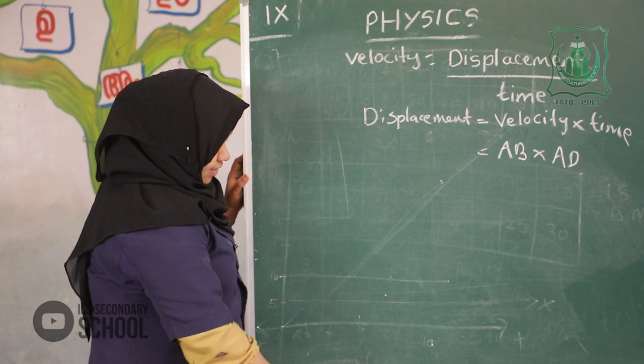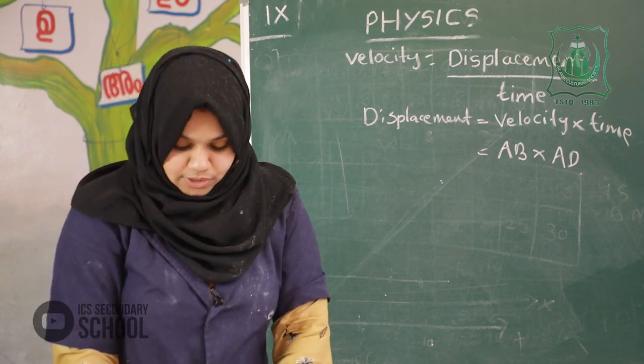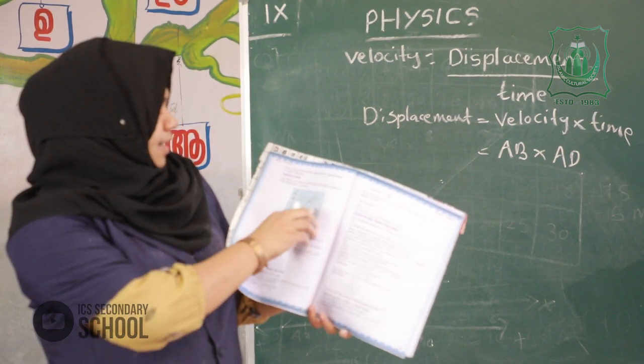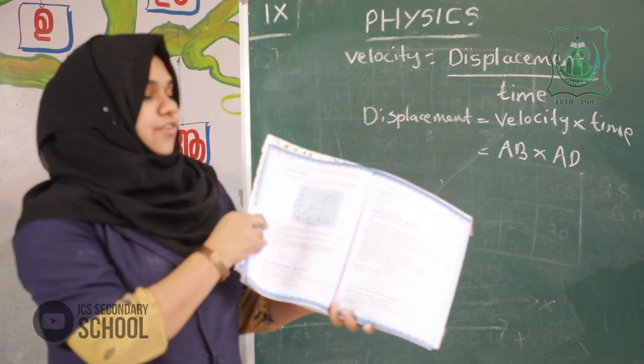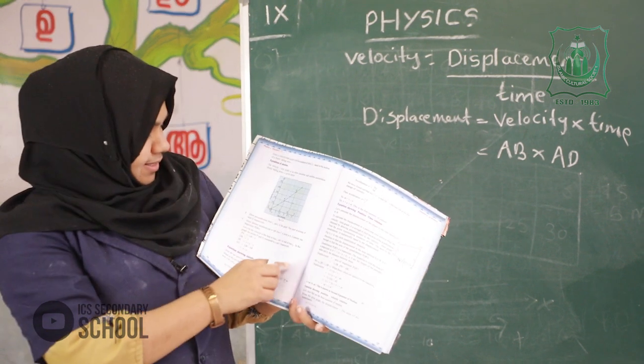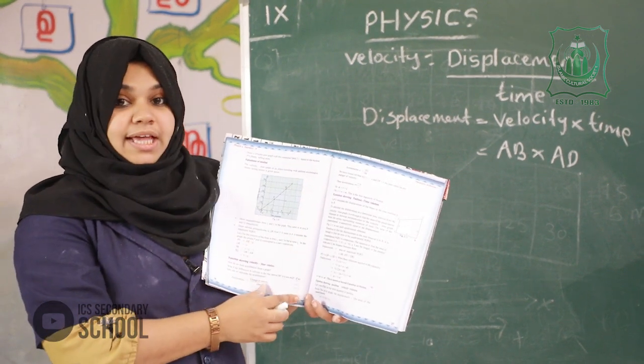Yes, next in your textbook page 36, the velocity time graph of an object traveling with uniform acceleration is given below. Yes, from this graph how to find out the equation?